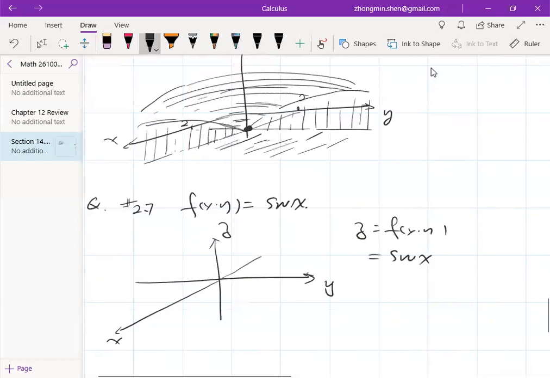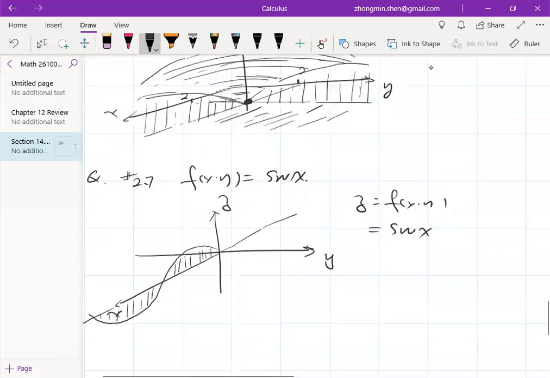How does the graph look? It's going to be in the xz plane, like a sine curve. So let me draw, this is vertical. You assume that y equals 0, then z equals sine x is a sine curve.